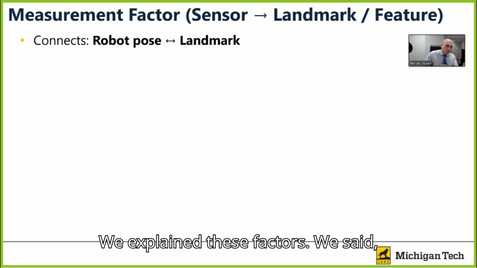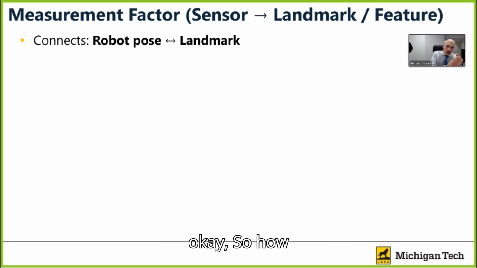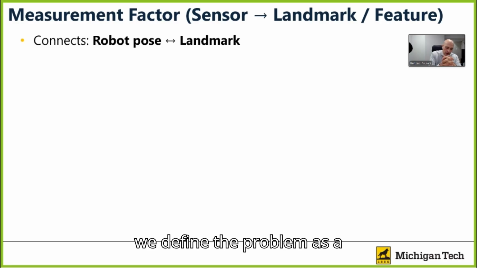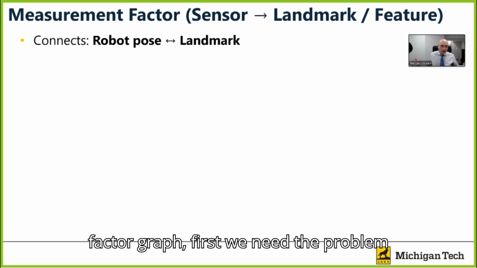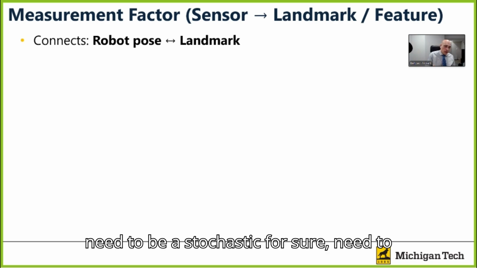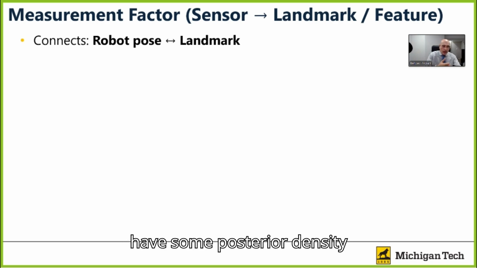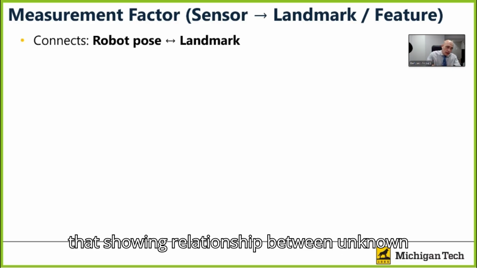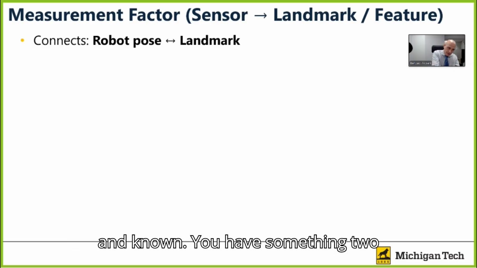We explained these factors. We said, okay, so how do we define the problem as a factor graph? First, the problem needs to be stochastic for sure, and needs to have some posterior density showing the relationship between unknown and known.